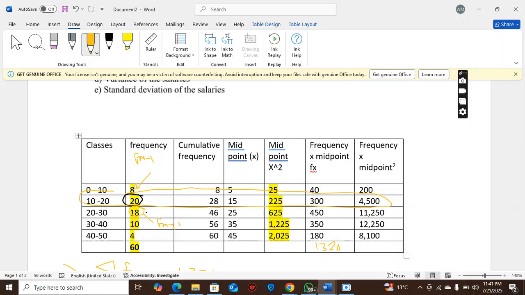Cumulative frequency only works for the median, upper quartile and lower quartile. For the mode, you don't need the cumulative frequency column. Just the highest frequency, that is your class. Then you get your lower limit and the frequencies before and after.